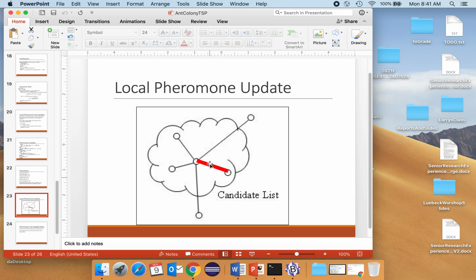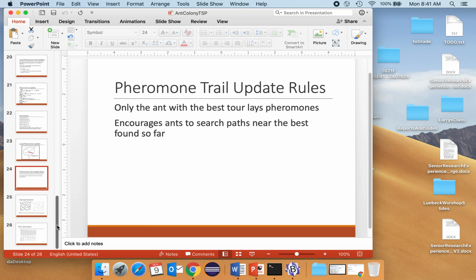Again, the local pheromone update rule: if it's strong and a lot of ants go down this thing, then eventually it will decay, and that will make it such that we explore different paths. So this one is actually very, very competitive. Again, only the ants with the best tour lay pheromones, which encourages ants to search paths near the best found so far.